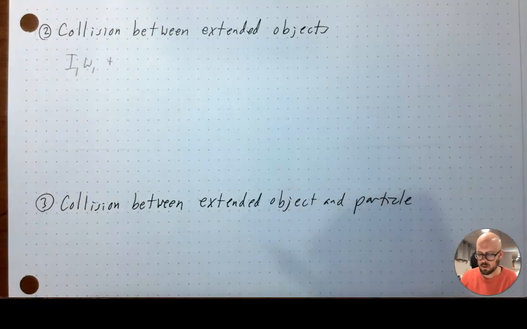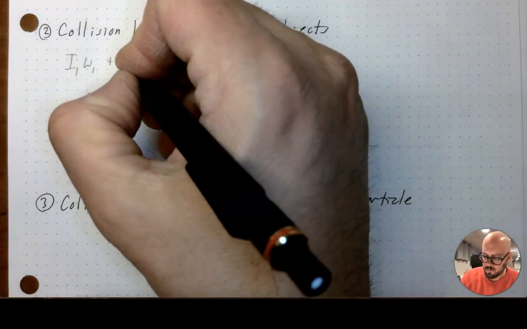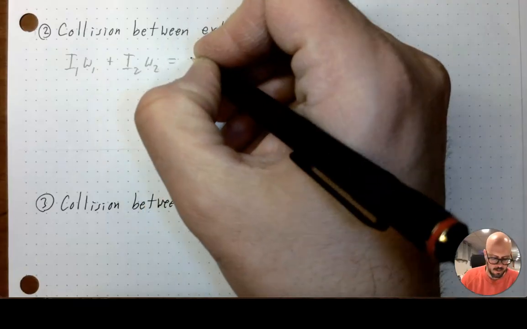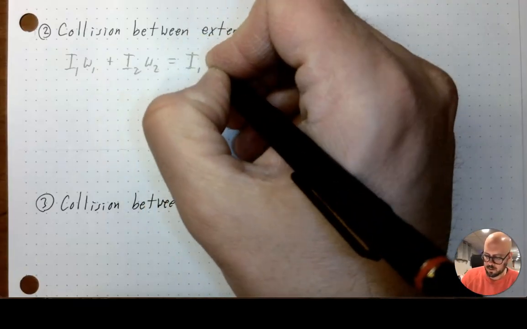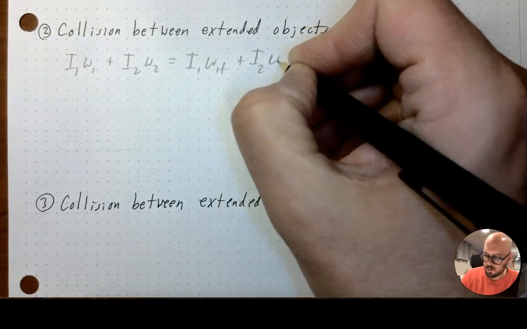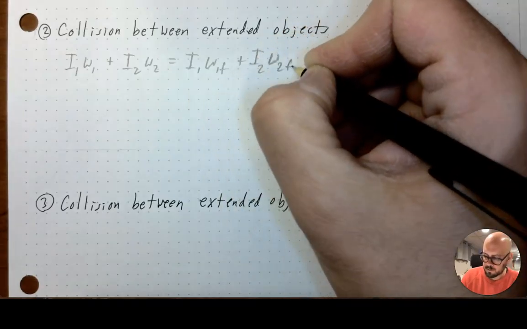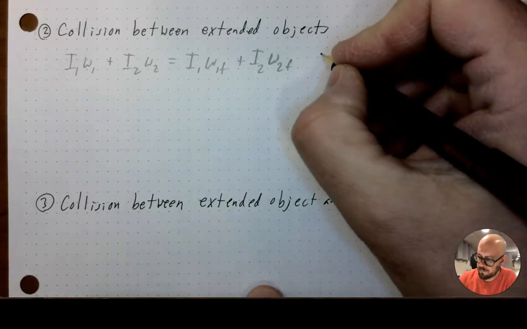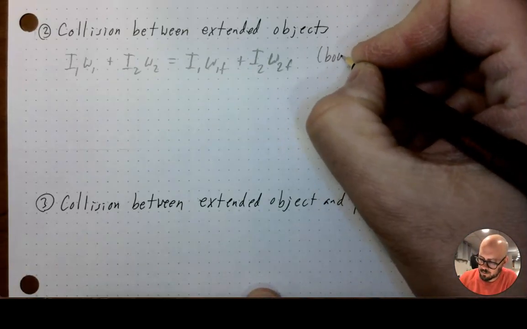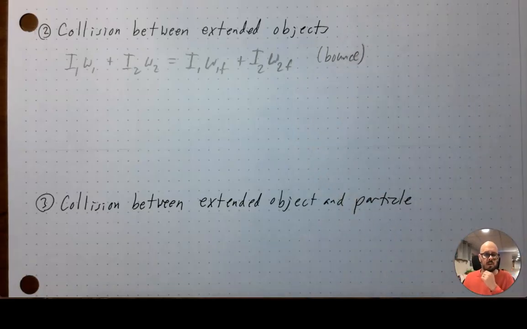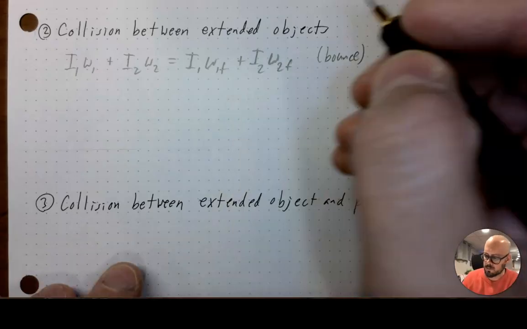So if those extended objects were to bounce off one another, then we would write an equation like this. And so this mimics the conservation of linear momentum equation. If the objects bounce, they might bounce elastically or not, but they remain separate all the time.